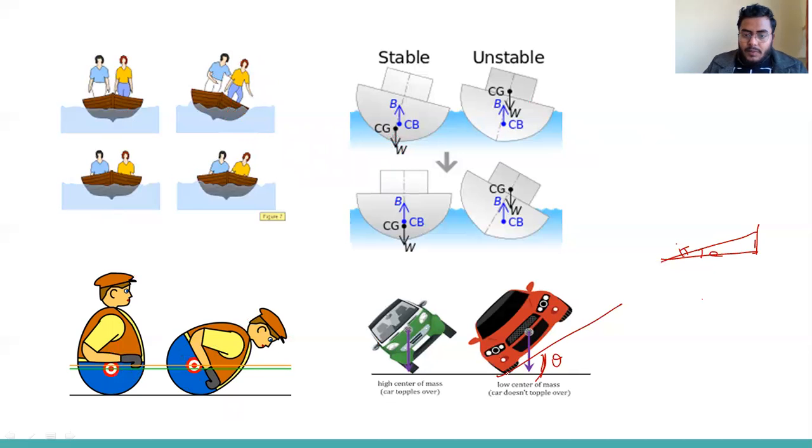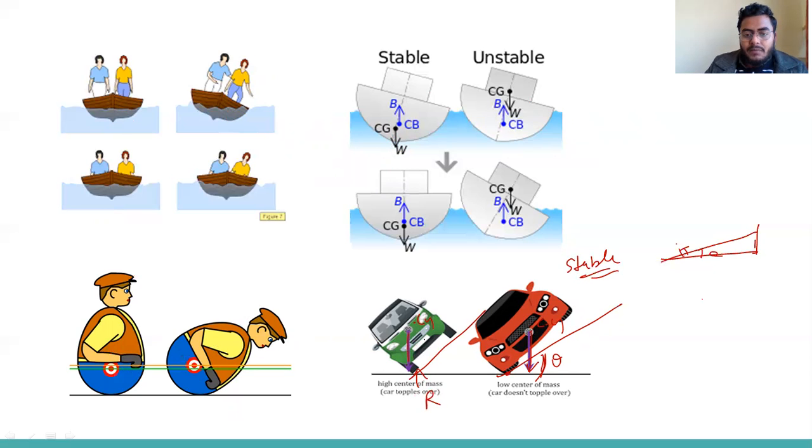So when a car is going on this inclined road, what will happen? Suppose this is the center of gravity of the car, so the whole weight will act here. So it will be stable. But in this case, when the car is going like this, we can see the center of gravity is shifted just left of the point of contact reaction.